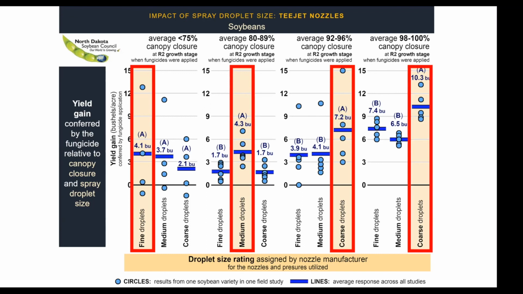And then again, when you're completely closed, you want to use coarse droplets for sure. So what's happening here is your coverage is really nice when it's dusty fine droplets, but when that canopy gets close to closure, you got to be able to push those droplets through the canopy to get control. And so he's showing that the size of your droplets, your nozzles, everything will change to optimize that application.